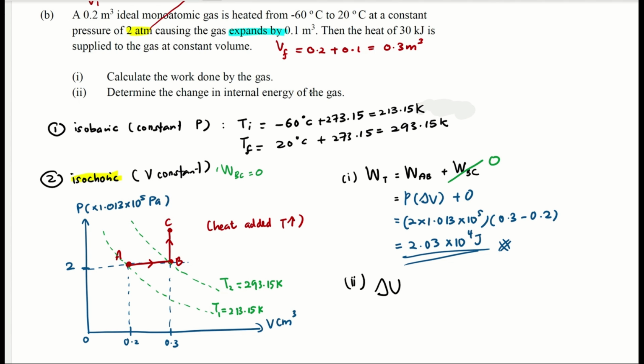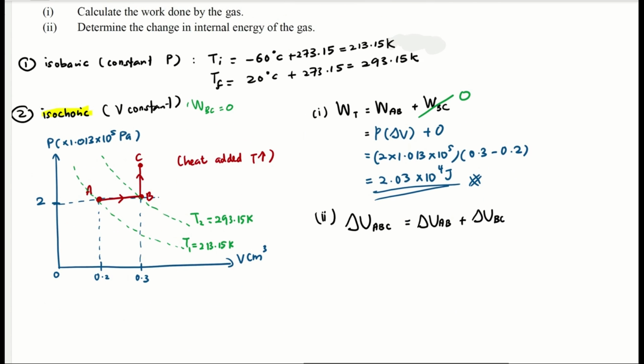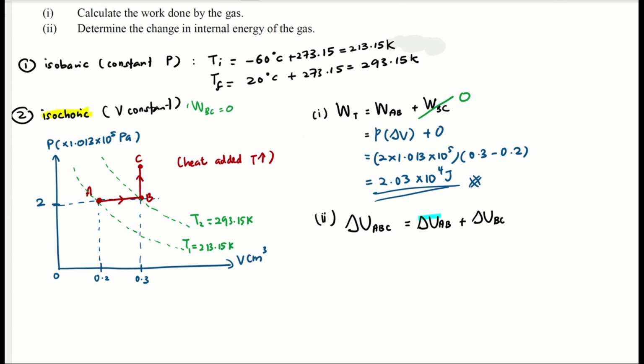So delta U for the whole process ABC is equal to delta UAB plus delta UBC. Okay, kalau kita nak buat satu-satu pun boleh juga. Kita cuba tengok dulu untuk AB, iaitu isobaric, constant pressure. Kita ada change of the temperature, so delta UAB you boleh kira.